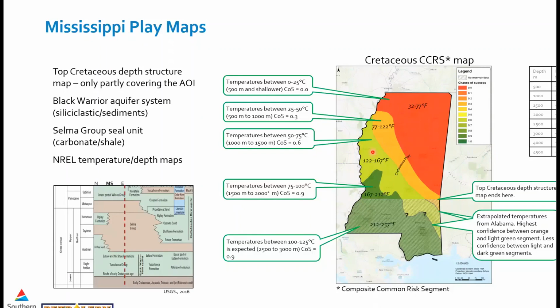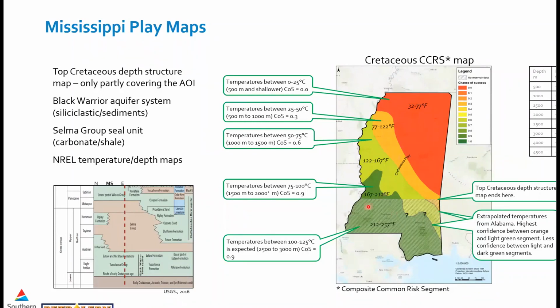Now we are at 1,000 to 1,500 meters with temperatures around 50 to 75 degrees Celsius. This was actually the threshold that we set, that we were going to screen for temperatures higher than 50 degrees. But as I said previously, we also included this as having a chance of success of 0.3, because within this area there might be places where you can actually find temperatures of 50 degrees, but it needs more detailed screening.